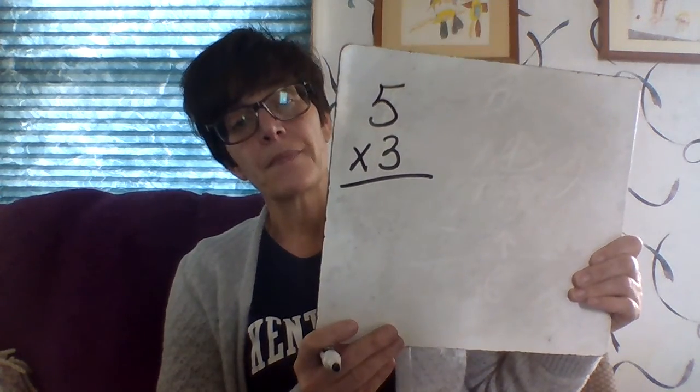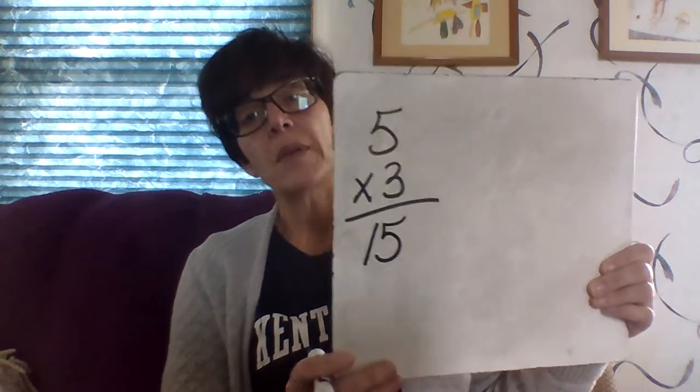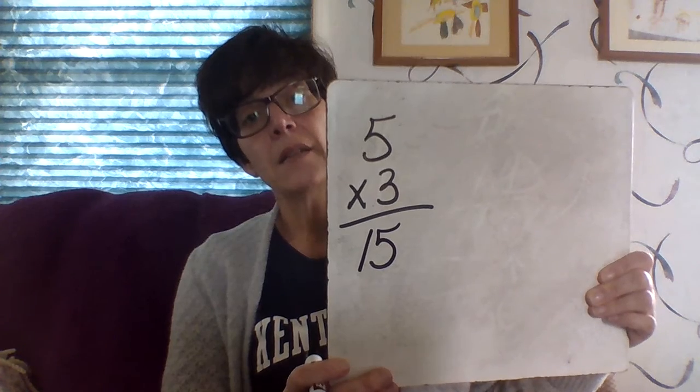This time let's do the basic multiplication fact of 5 times 3. Write down the product. 5 times 3 is 5 groups of 3, or 3 groups of 5. I know that gives me the product of 15. I'm going to take that knowledge to the next problem.